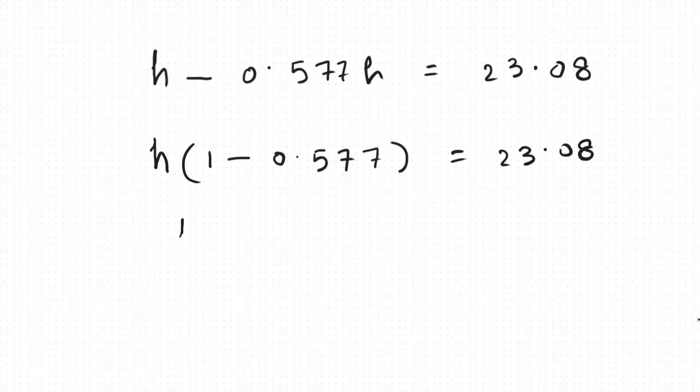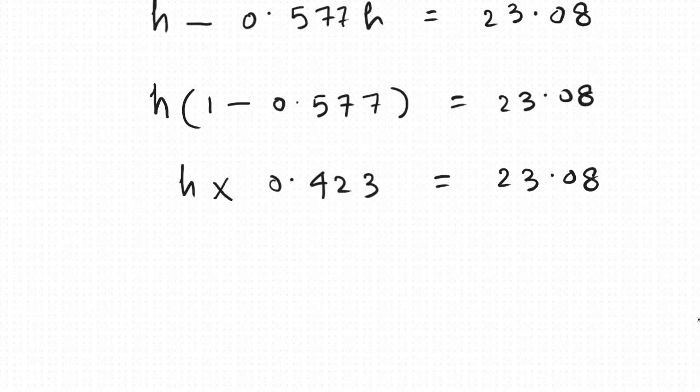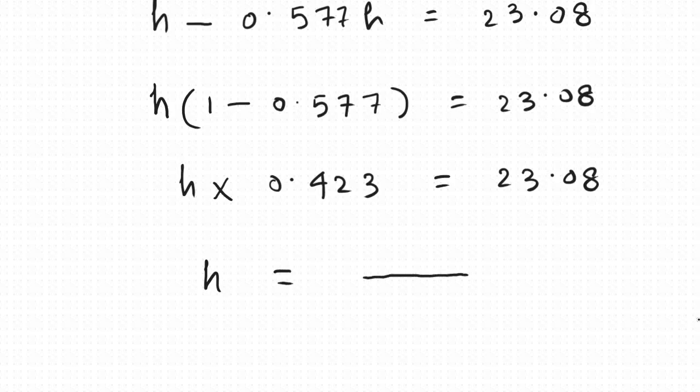Then I can write H times 1 minus 0.577, which is 0.423, equals 23.08. Next we can write H equals 23.08 divided by 0.423.